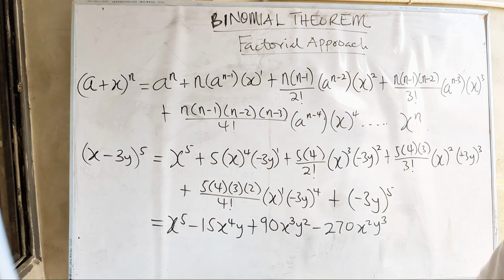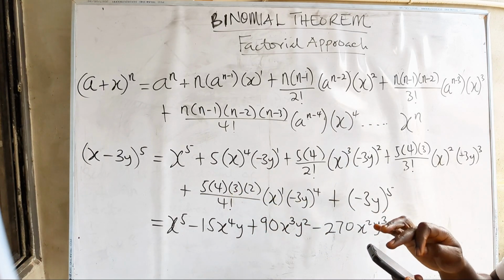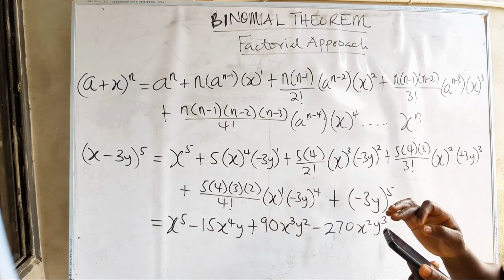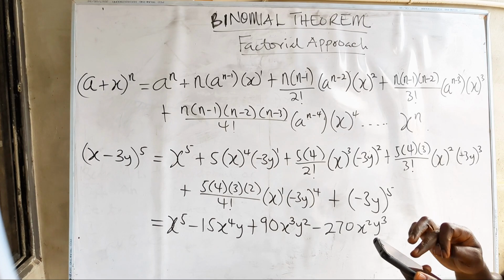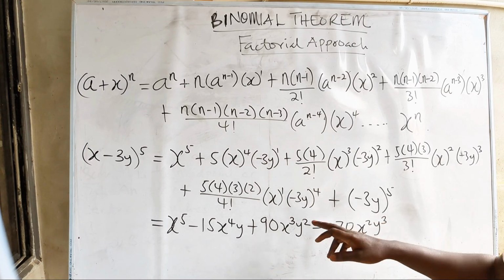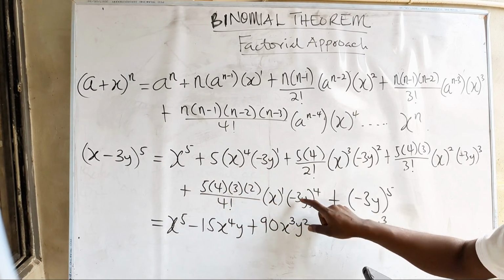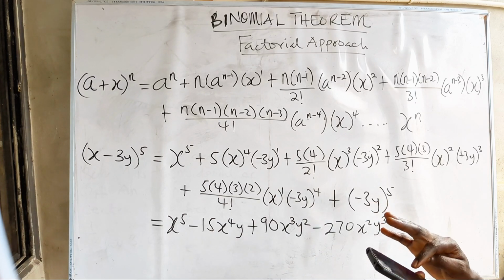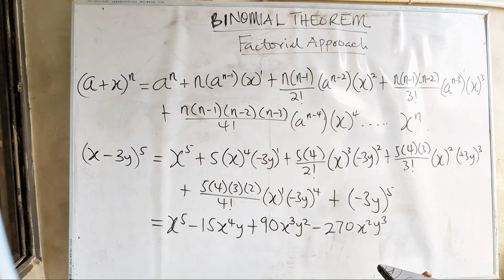Then we come to the last but 1, which is 5 times 4 times 3 times 2 times negative 3 all to the exponent of 4, negative 3 exponent 4, divided by 4 factorial, which is 4 times 3 times 2 times 1.